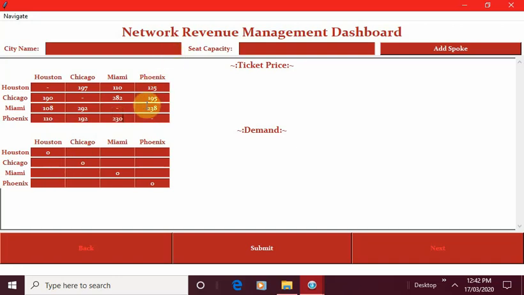These are the ticket prices for all these routes, and here is the demand, the number of passenger demands. Here the demand is more than the capacity of the aircraft. So let's put 123, and this is 110.